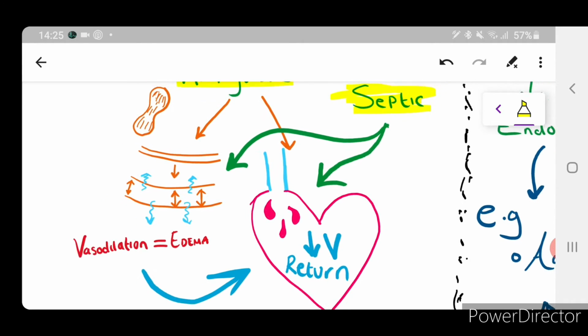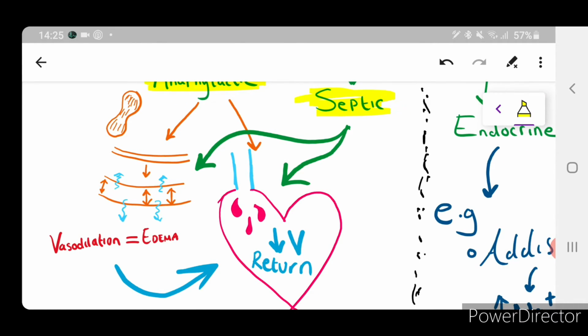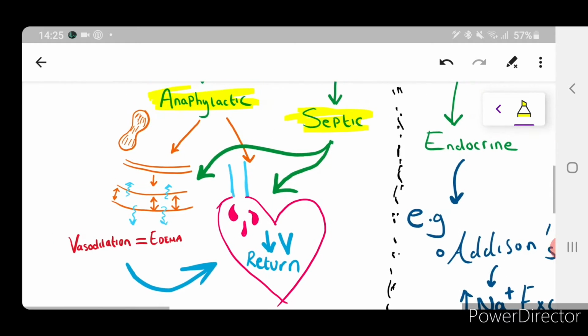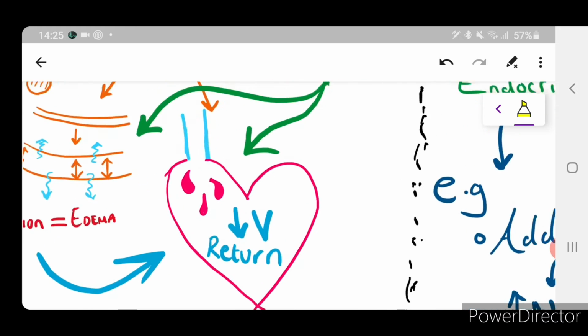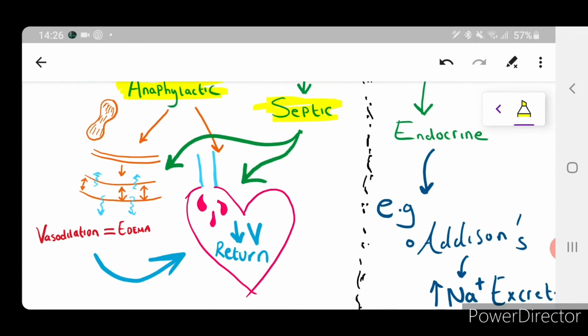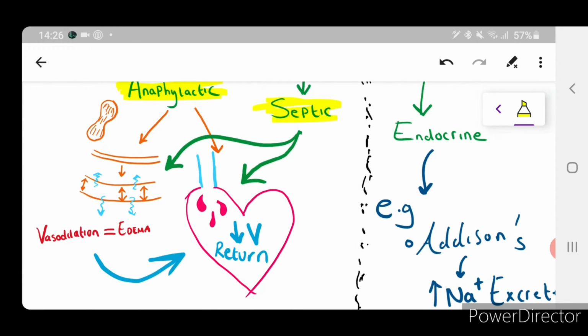And what's going to happen? There's going to be vasodilation, and with vasodilation there's going to be edema due to the increased capillary permeability. And with an increase in vessel diameter, you're going to have a reduction in blood pressure. If you have a reduction in blood pressure, you're going to have a decrease in the venous return to the heart.